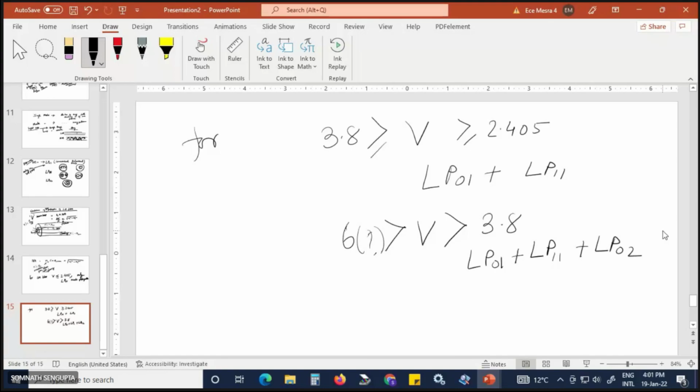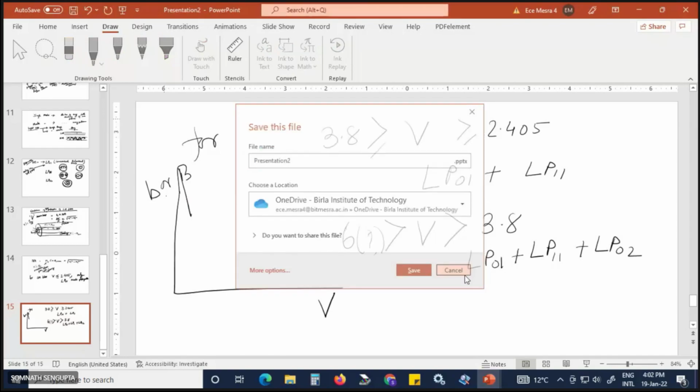So that plot is actually called the b-V plot, or beta, that is the propagation constant. So some certain condition is there.